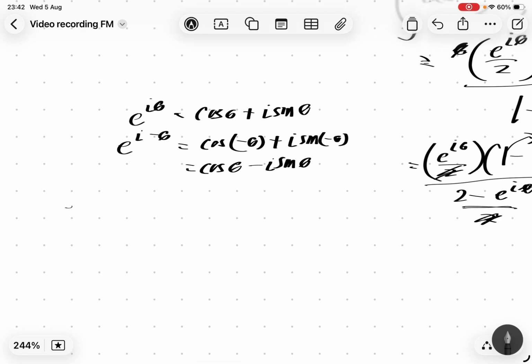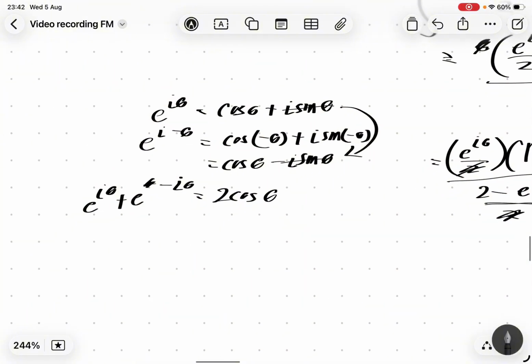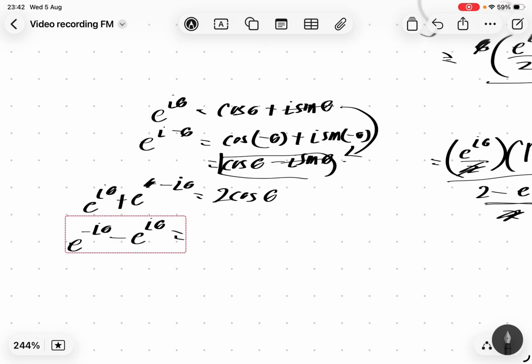So from this, if I get e^(i theta) plus e^(negative i theta), which is equal to this plus this, you can see that these two cancel out and I get 2 cos theta. Or if I get e^(negative i theta) minus e^(i theta), which is this minus this, these two will cancel out and I'll get negative 2i sin theta.